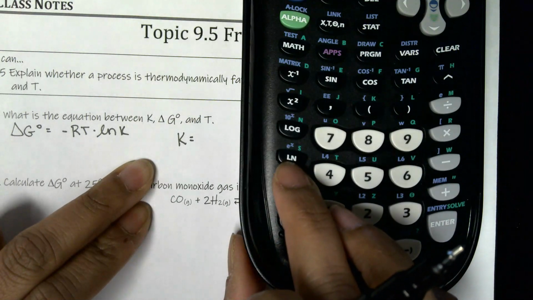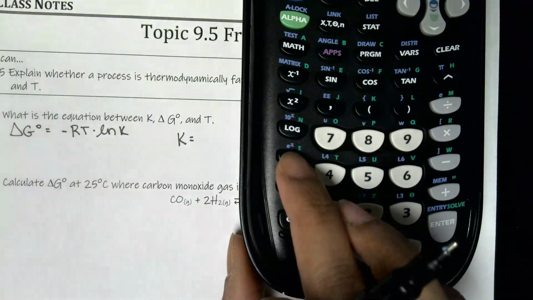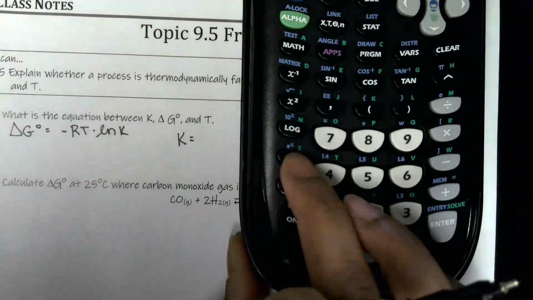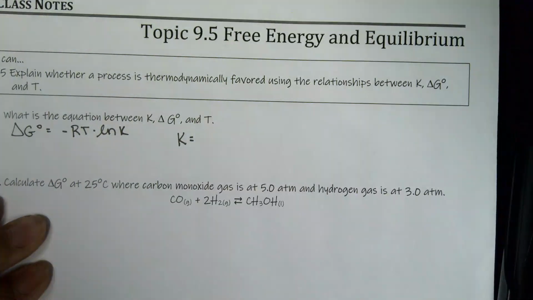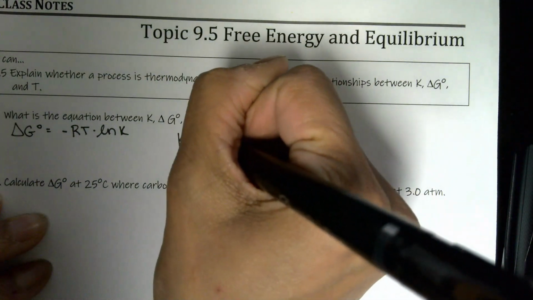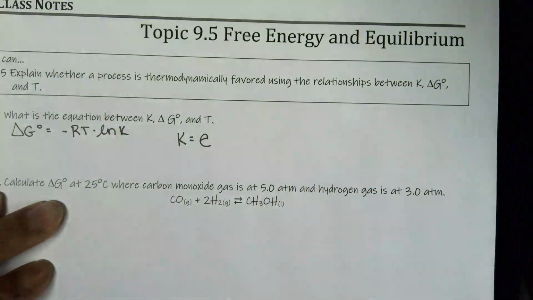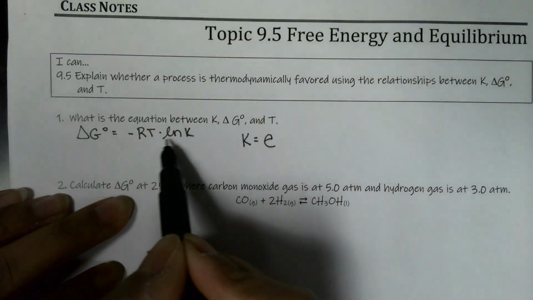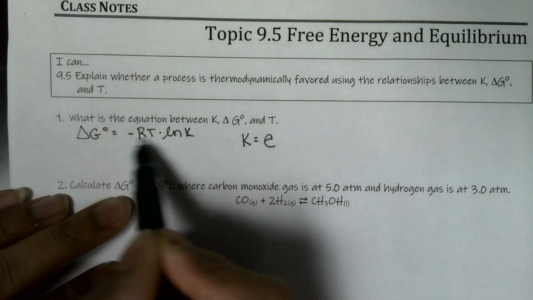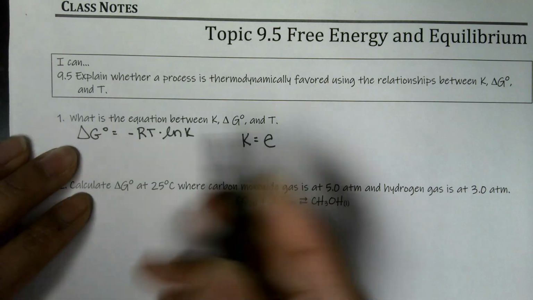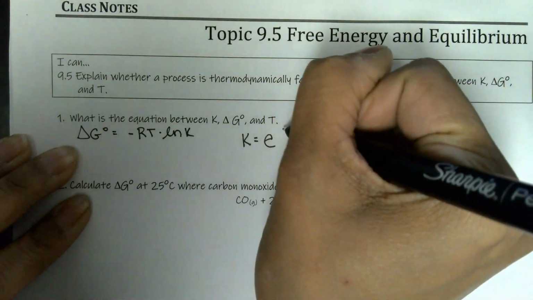Its other symbol, right above it, is e to the something power. So your K is equal to e to some power. To get K by itself first, you divide both sides by negative RT. So that's what this is being raised to.